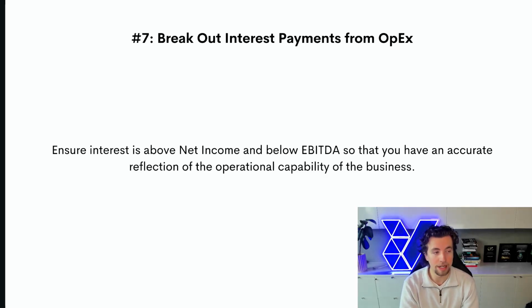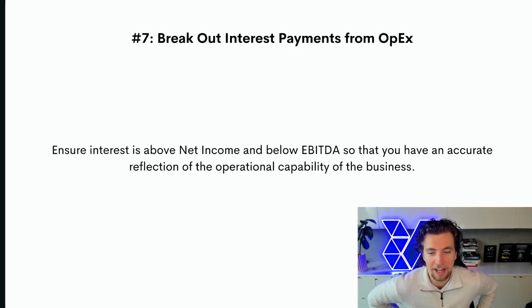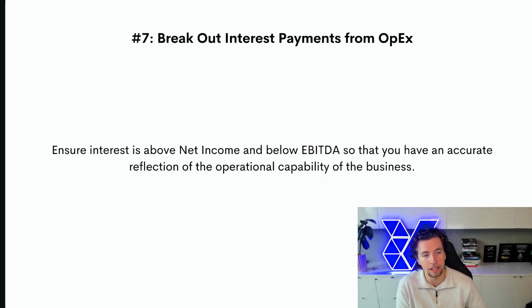And the last one is breaking interest payments out from operating expenses. I've seen this in multiple P&Ls now. I didn't think I would have to list this here, but this is being done very commonly. Ensure that interest on loans for inventory is what it particularly is for, is above net income and below EBITDA, so that you have an accurate reflection of the operational capability of the business.